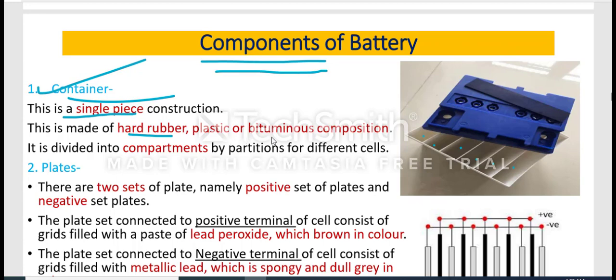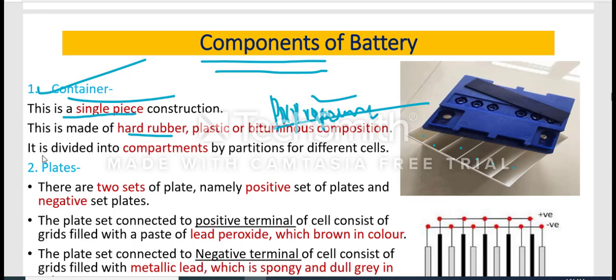Nowadays the material used is polypropylene. Remember this, polypropylene is used nowadays because it is very strong and light in weight.